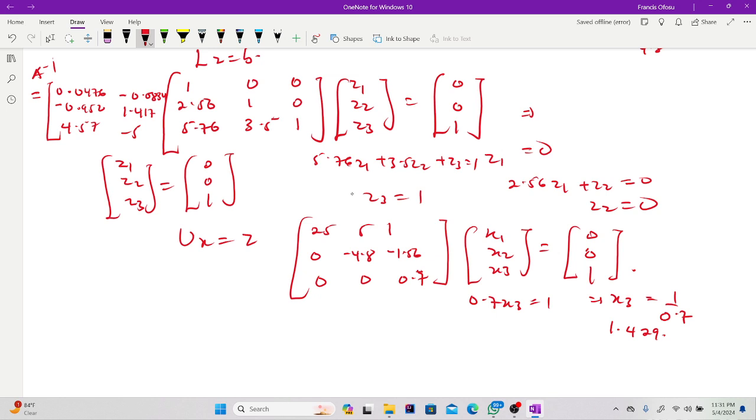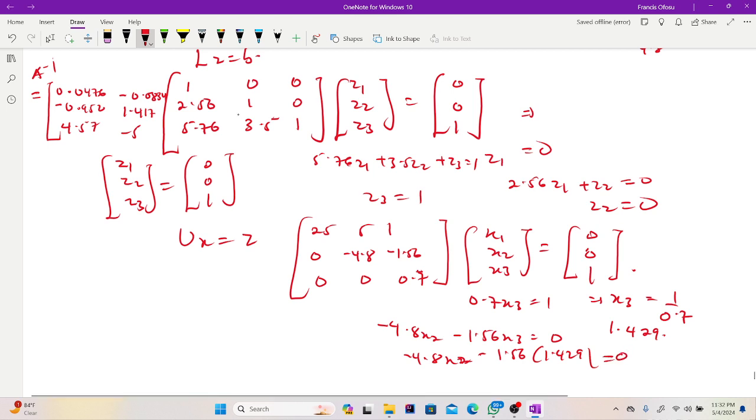Then I come again, x2. So negative 4.8 x2 minus 1.56 x3 is equal to 0, right? So minus 1.56 multiplying 1.429 is equal to 0, right? So once you have this, you can solve this.